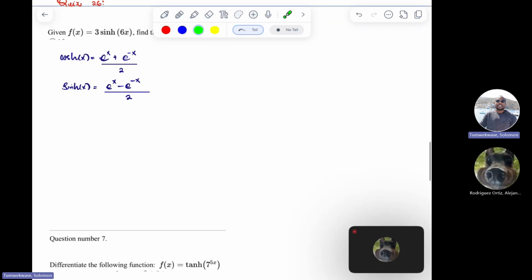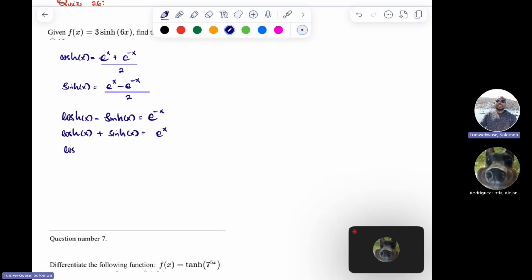Some important relations we should remember: cosine hyperbolic of x minus sine hyperbolic of x is e to the negative x. Cosine hyperbolic of x plus sine hyperbolic of x is e to the x. And cosine hyperbolic squared of x minus sine hyperbolic squared of x is 1.